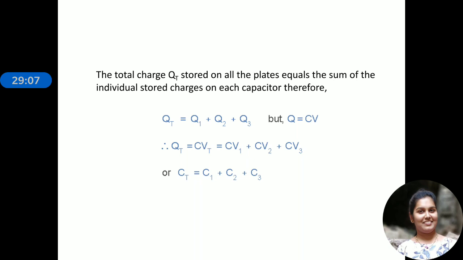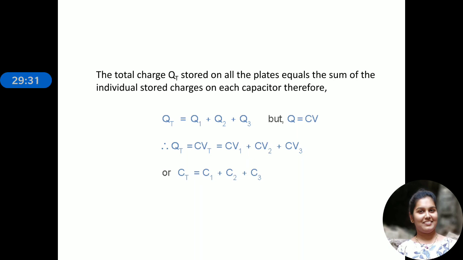So all the capacitors will be added up together, thereby increasing the overall capacitance of the circuit. So when we connect capacitors in parallel, the total capacitance will increase. This is in contrast to resistors connected in parallel.